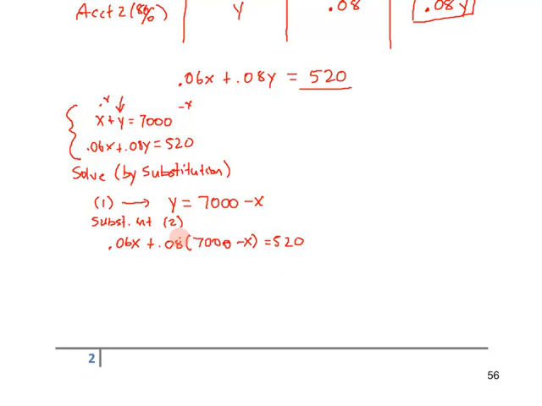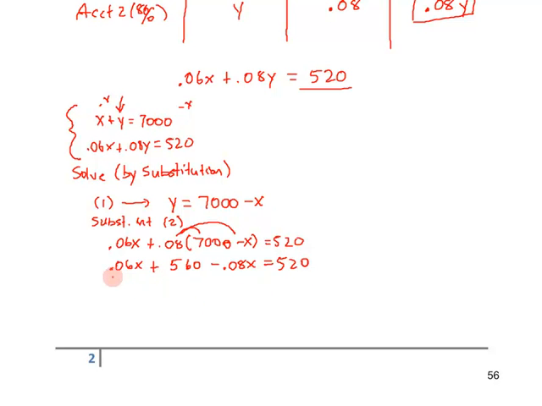We just need to simplify and solve for x. Distribute the 0.08 to each of those terms inside. I have 0.06x plus 0.08 times 7,000 gives me 560 minus 0.08x equals 520.